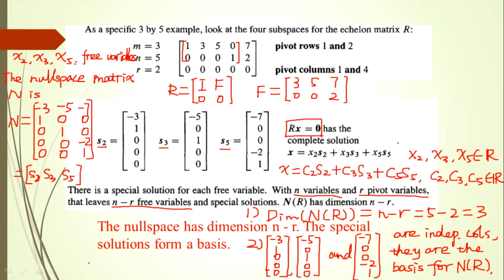And one more, number three. This null space is a subspace of R3 or R5? The null space of the matrix R, is it a subspace of R3 or R5?